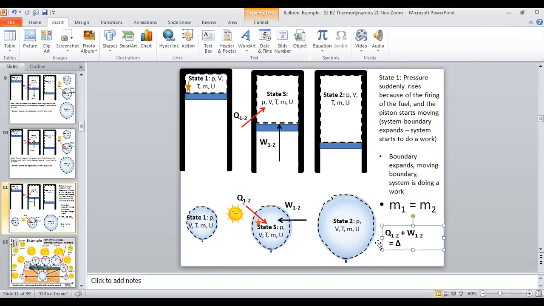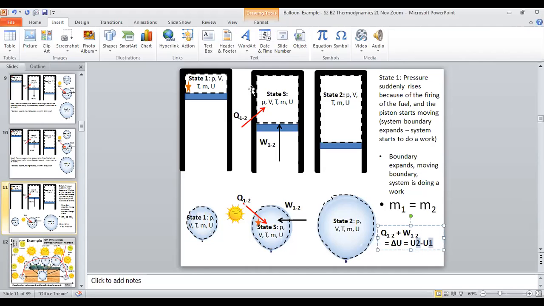You know that. It's the rise of the internal energy. That is U2 minus U1.